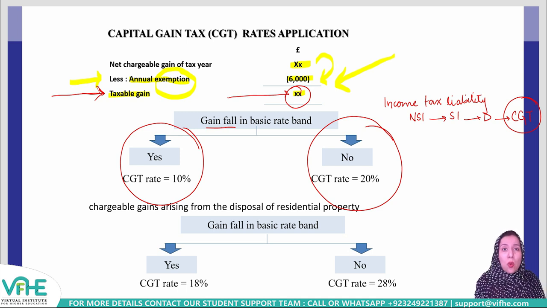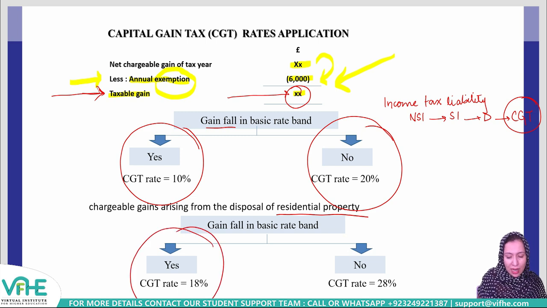But there is one exceptional thing. If the asset that has been sold by an individual is a residential property, then the rates are going to change. In that case, if the gain relevant to residential property is going to fall in the basic rate band, then instead of 10%, the rate of 18% shall apply.